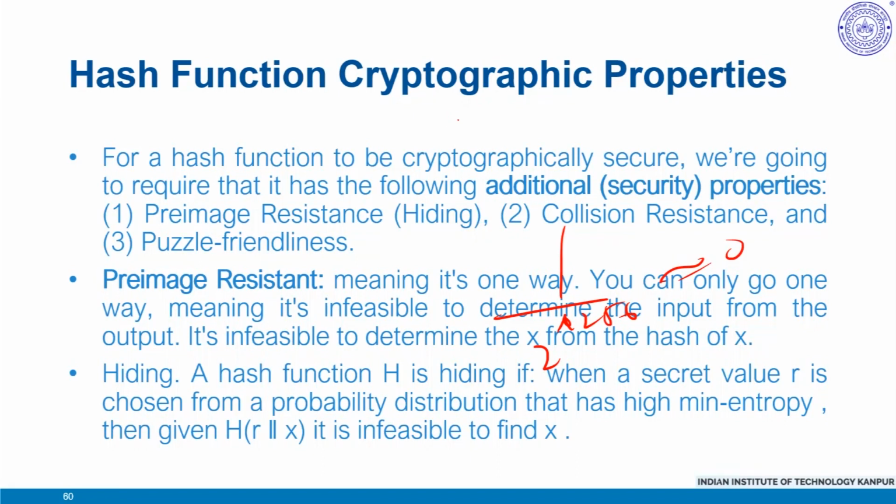So the probability of any string being chosen is small, which means if you provide a random answer, the probability of you being correct about input x is almost close to 0. To summarize, in this video, we discussed a very important property of the hash function, which is hiding or pre-image resistance. In the next set of videos, we'll discuss collision resistance and puzzle friendliness.